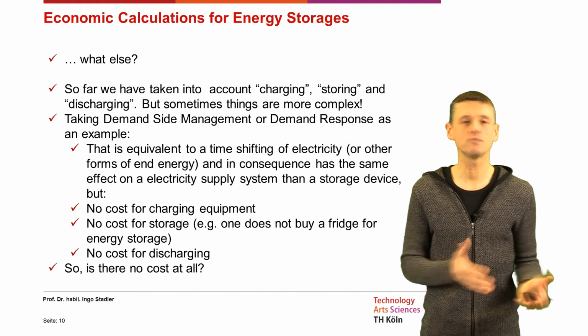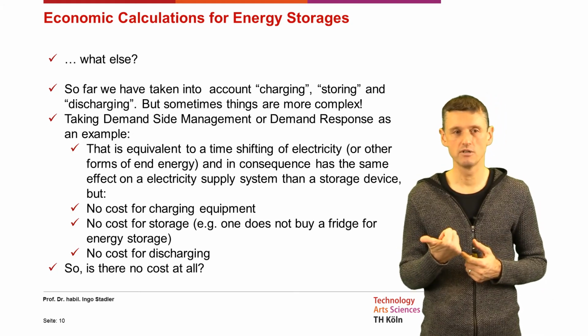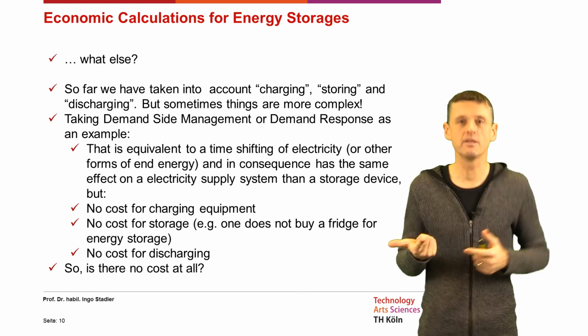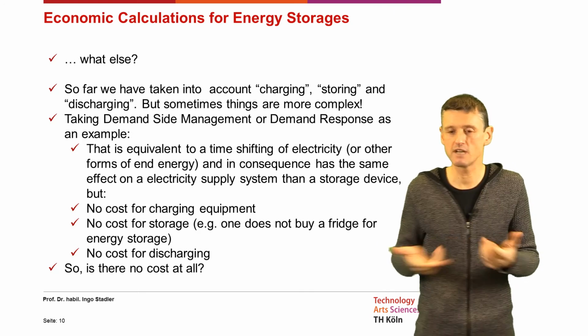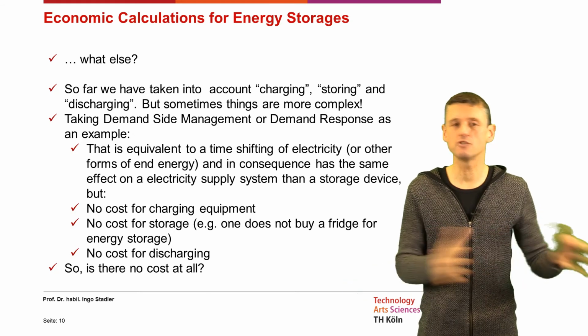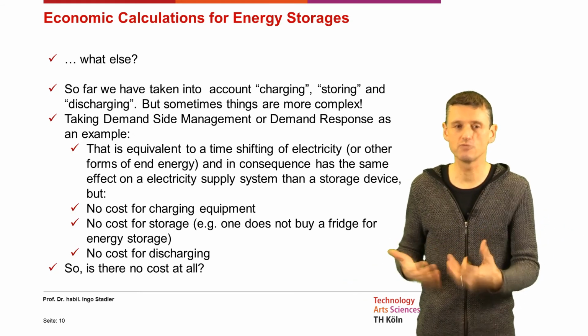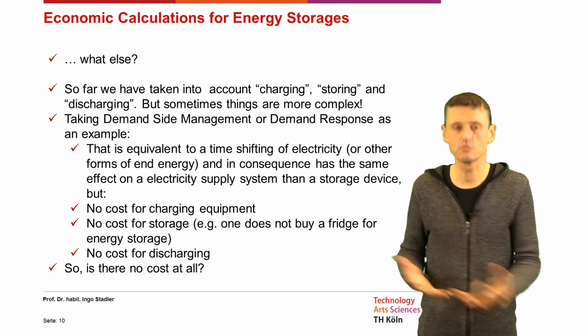But when we talk about demand response, there is no cost for charging equipment, there's no cost for discharging equipment, and there is no cost for the storage itself. For example, when you do demand side management with a refrigerator, you will not buy the refrigerator because you want to make demand response. You buy the refrigerator because you want to cool goods.